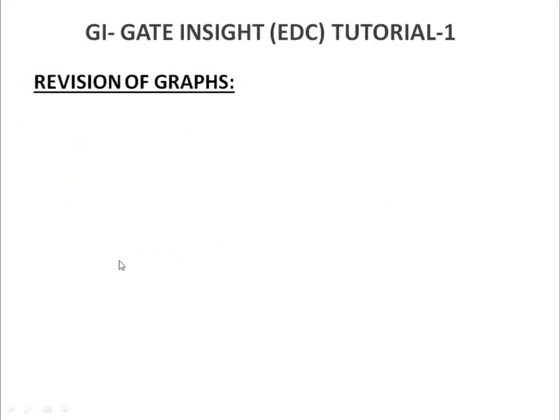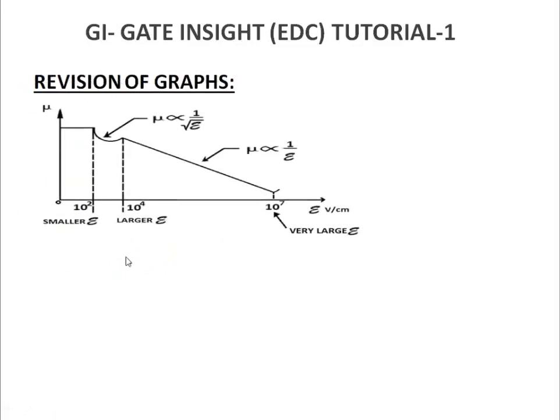And now we're going to revise all the graphs that we have studied. First graph that we have studied was the relation between mobility and electric field. At the smaller electric field, that is less than 10 to the power 2, the mobility remains constant. After that, there is a non-linear change in the mobility as the electric field increases in between 10 to the power 2 to 10 to the power 4. That mobility is proportional to 1 divided by square root of electric field.